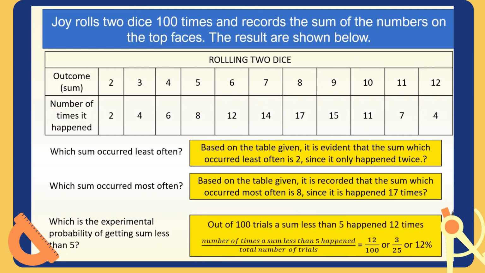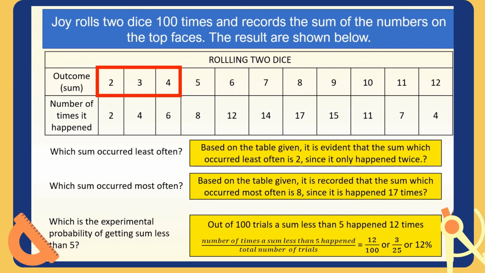So, ngayon, out of 100 trials, a sum less than 5 happened 12 times. Saan nga bang mga to? Ito siya, yung 2, 3, 4. Kasi less than 5 ang sum, so kabilang diyan ang 4, 3, and 2.